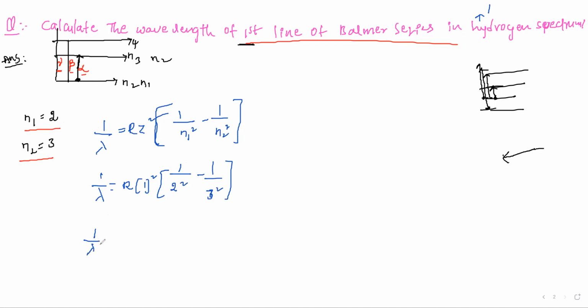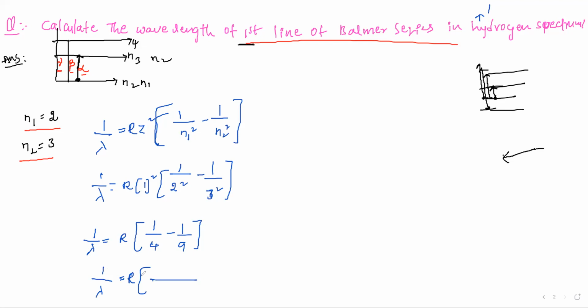1 by lambda equal to R into 1 by 4 minus 1 by 9. If you do the LCM, what will we get?